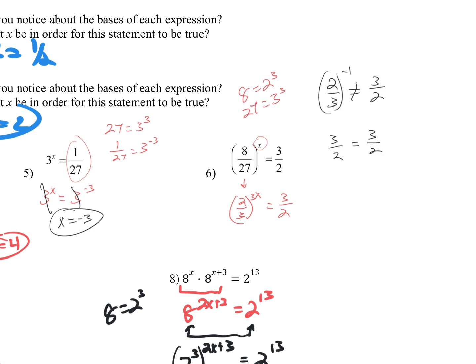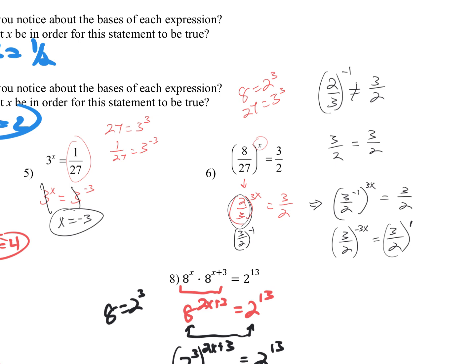So I'm going to change this to 3/2 to the negative first, raised to the 3x. This is 3/2 to the negative 3x equals 3/2. By the way, there's an imaginary 1, not an imaginary number, but there's a 1 as an exponent, so that when you cancel these, you set negative 3x to 1, and then you get x equals negative 1/3.